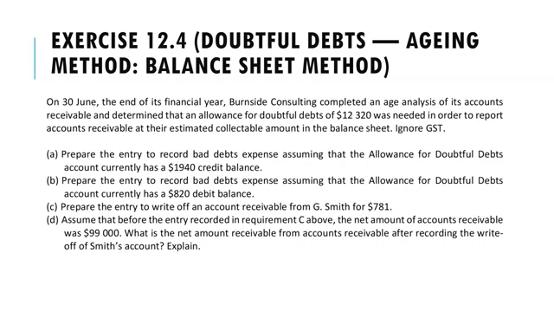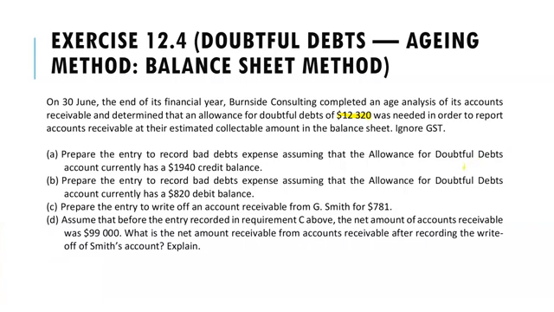So in this example, on 30th June, the end of the financial year, Burnside Consulting completed an age analysis for its accounts receivable and determined that an allowance for doubtful debt of 12,320 was needed in order to report account receivable at their estimated collectible amount in the balance sheet.